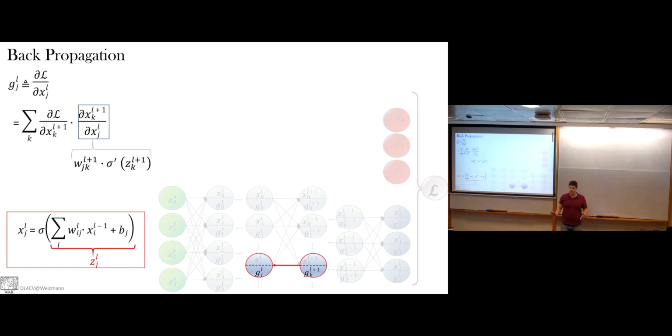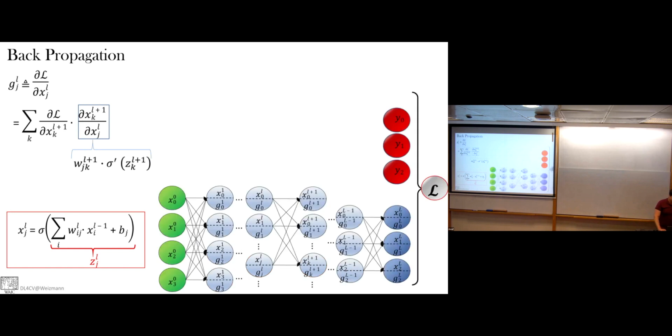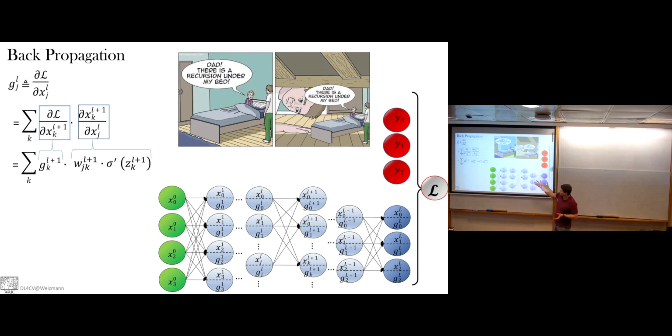We okay on this? So what did we get ourselves into here? This is just a sum of G's, but we started with a G. So we got this recursive expression. This expression says that the way to find what G of some neuron is, is by using all the gradients from the neurons one layer forward.